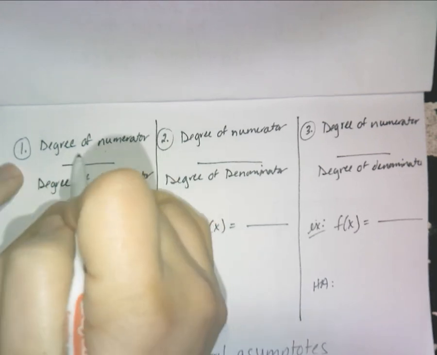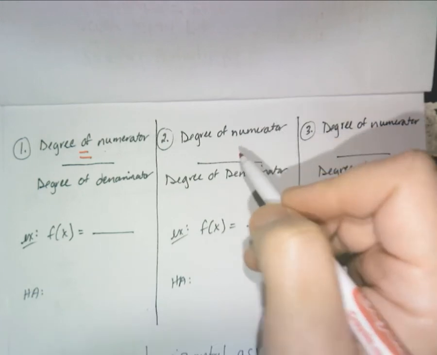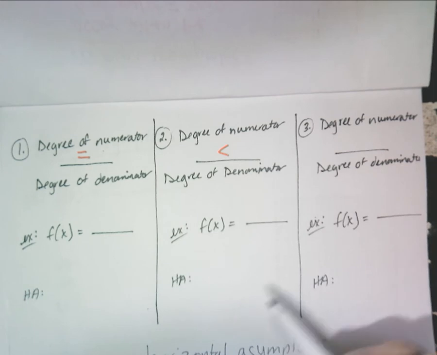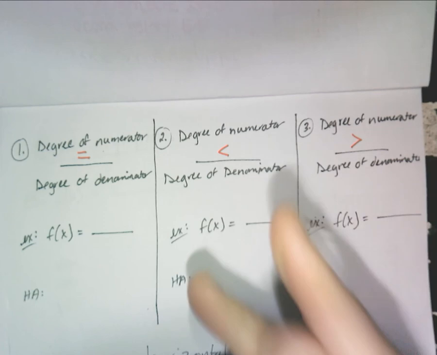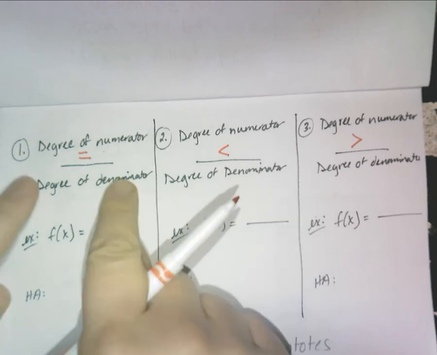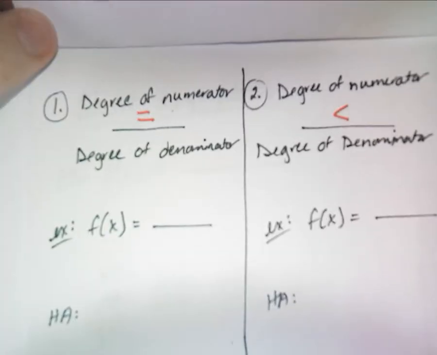Those 2 degrees could be equal. The top degree, the numerator, could be smaller than the denominator. Or the only other choice would be greater than. What that means is I have a possibility of 3 different types of horizontal asymptotes. So let me start with what if they're equal. So just to give you an example, zoom in here a little bit for y'all.